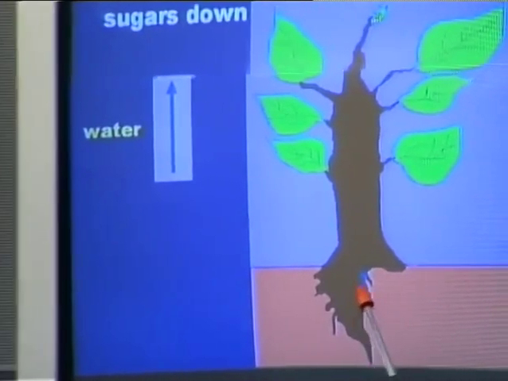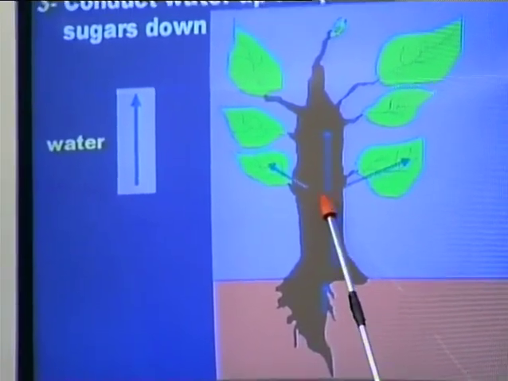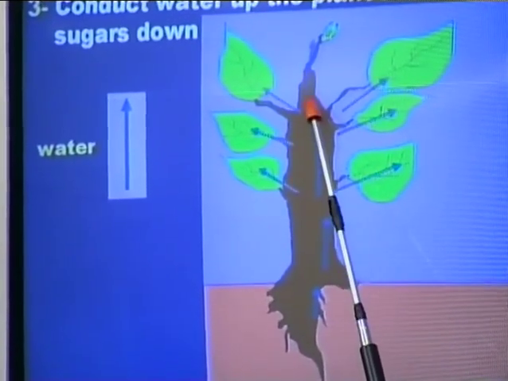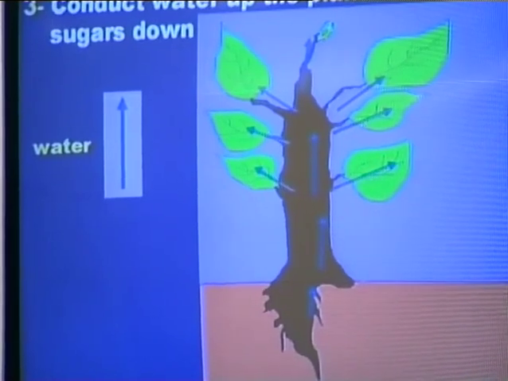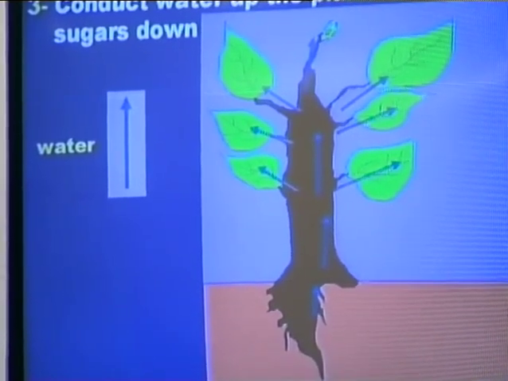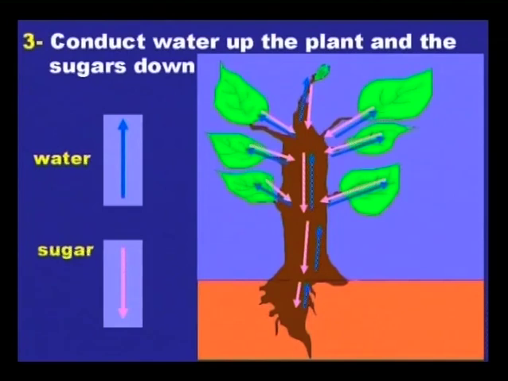It takes it in from the roots, and then the water makes its way up to the top of the leaf. It also conducts the sugar downwards. So this one is showing sugar. After a process of photosynthesis, this sugar is conducted down towards the end of the plant. That's number three.